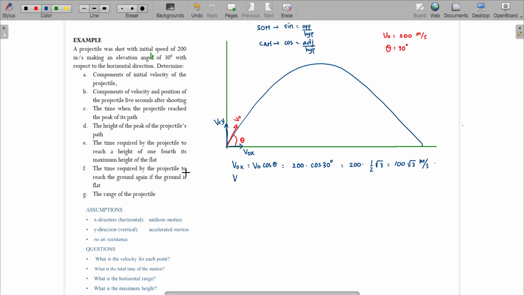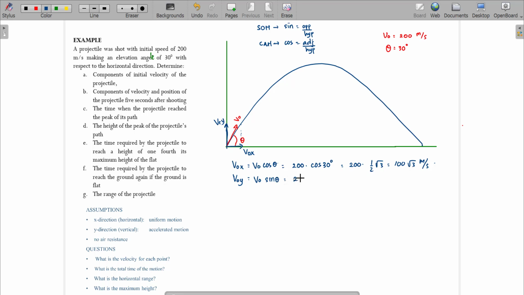And for the component in the y-axis, V0y, it's vertical like this, right? So it's the opposite of the angle. So we use sin here: V0 sin theta.